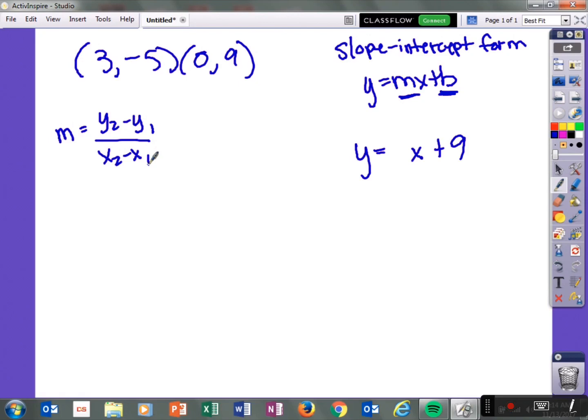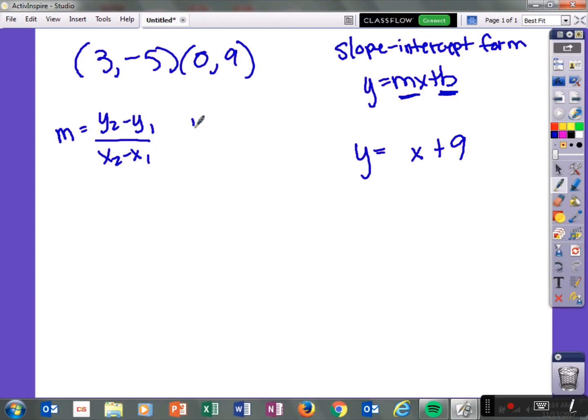Or we can look at our y's and the number line, right? How do you go from -5 to 9? We're going to have to add, right? To go from -5 to 9, you're going to have to add 1, 2, 3, 4, 5, 6, 7, 8, 9, 10, 11, 12, 13, 14, right?